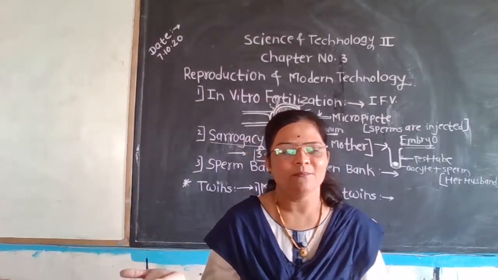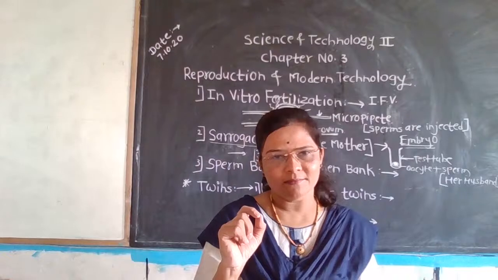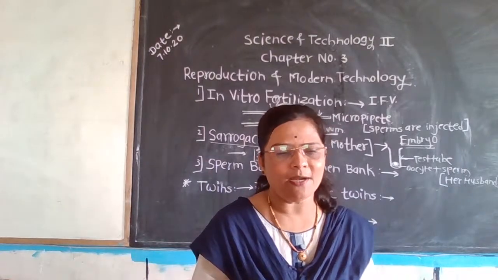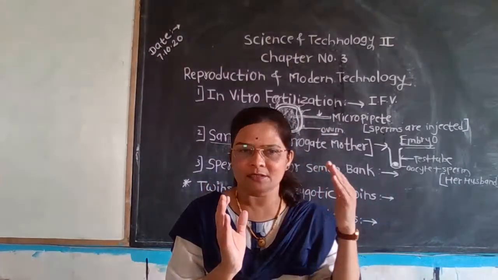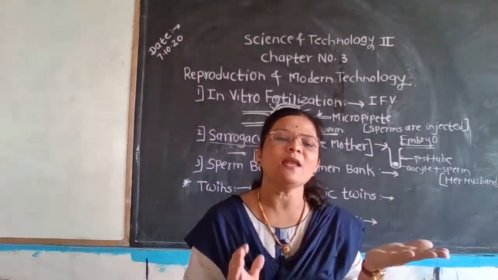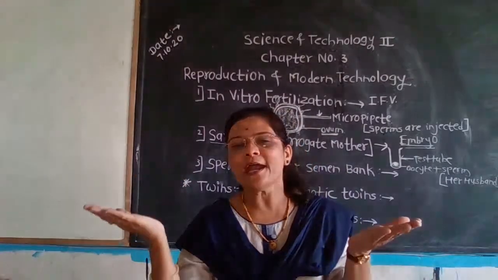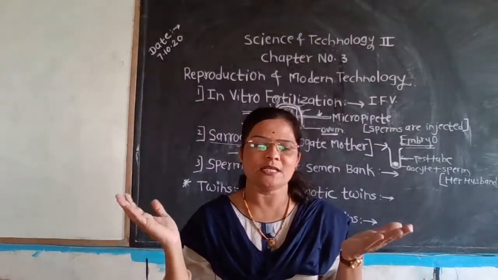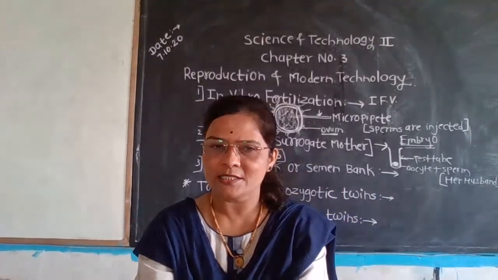After that, such a woman whose uterus is taken for the embryo development, there is a contract between that childless couple and that woman, whom we call the surrogate mother or the surrogacy. And this technology, students, we call surrogacy.